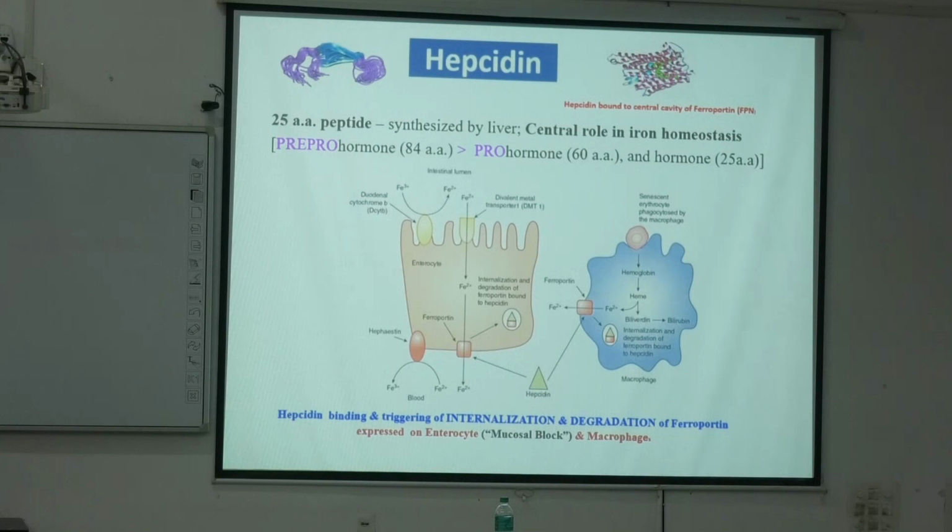See, there are two ways of regulating iron. One is at the reticuloendothelial cell and another is at the intestine. From the intestine, we are absorbing exogenous iron from the diet, and what is produced in the body is handled by the reticuloendothelial cells, because senescent RBCs are engulfed by them.